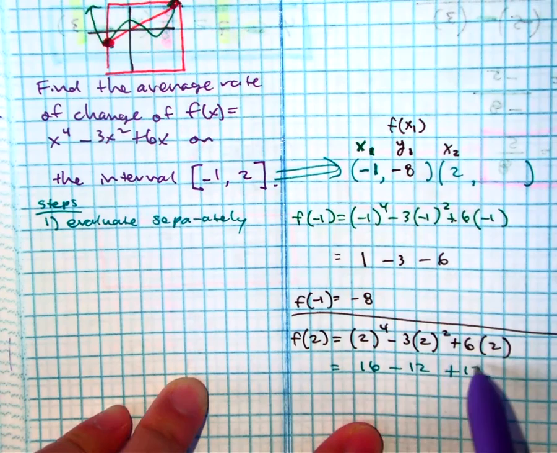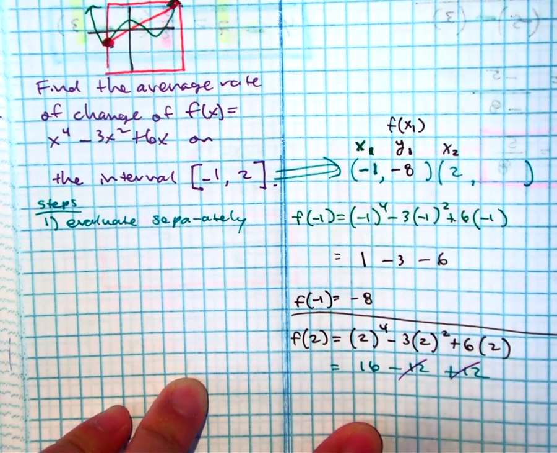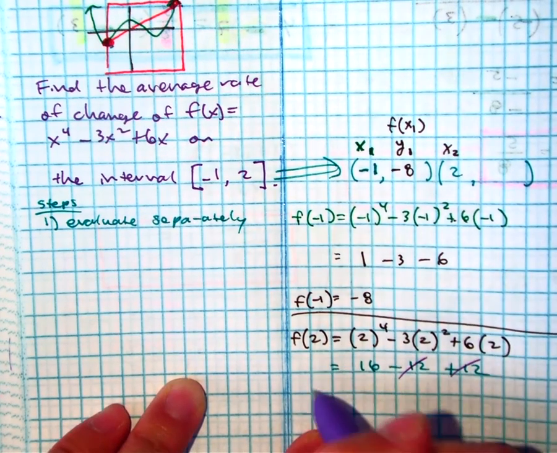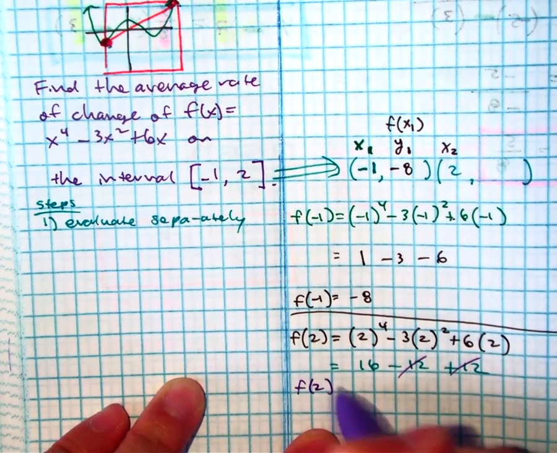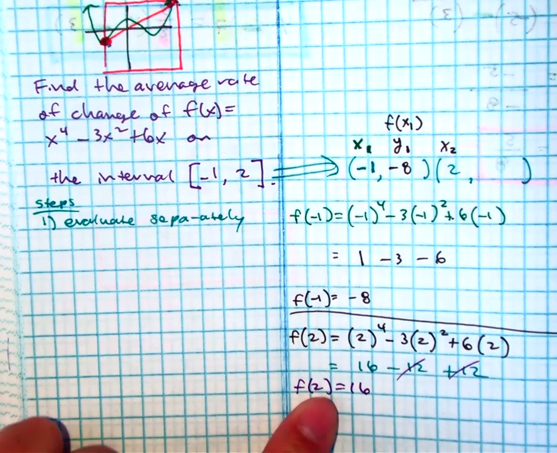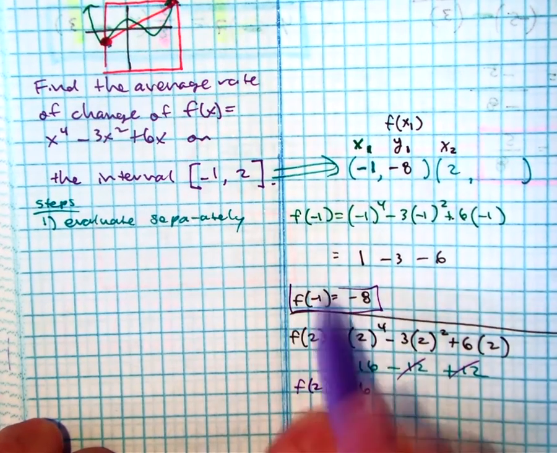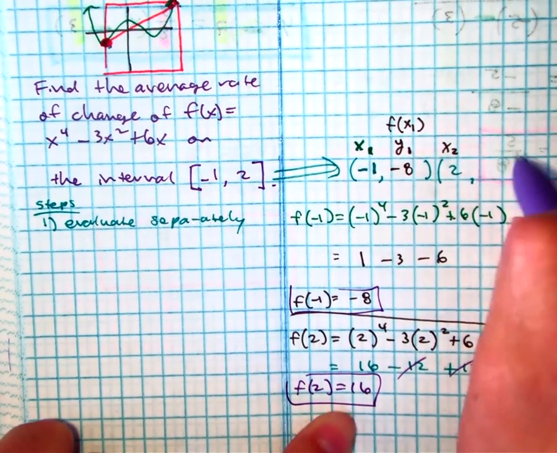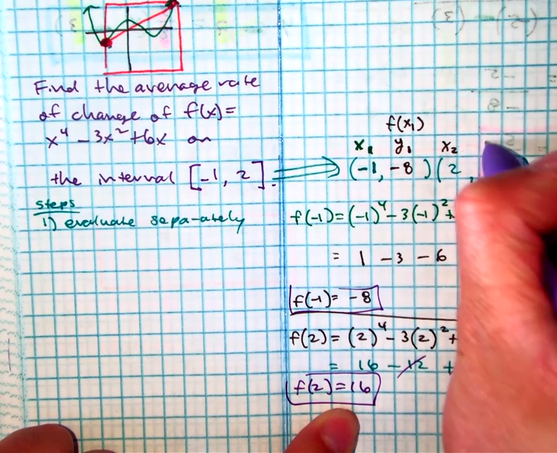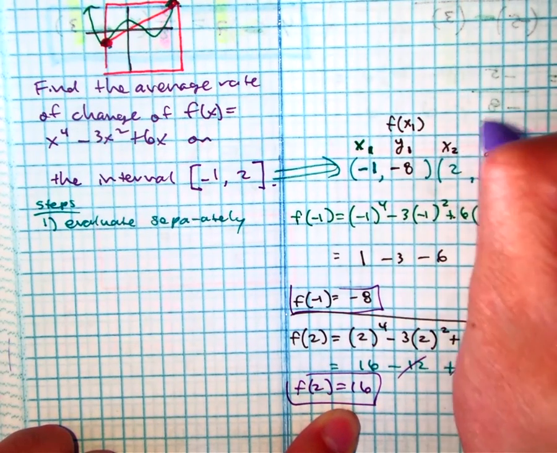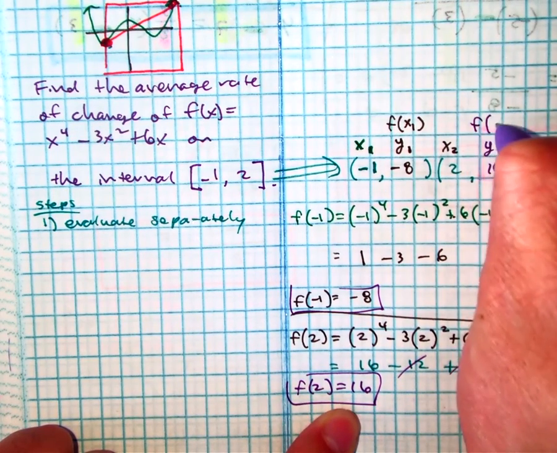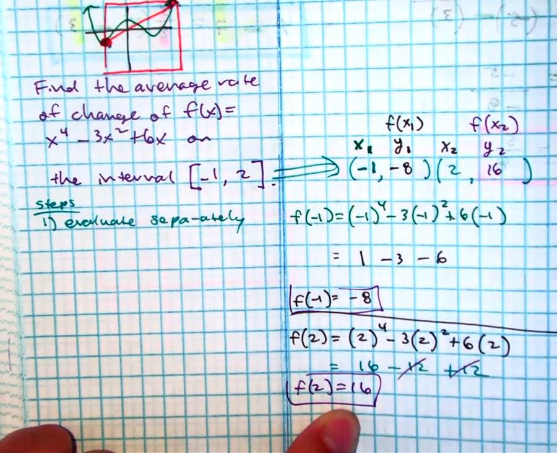I notice that the -12 and the +12 make 0, so I can just cancel those. My answer is f of 2 equals 16. So there I have my second ordered pair. My output is 16. My y2 value is 16, or f of x2 is 16.